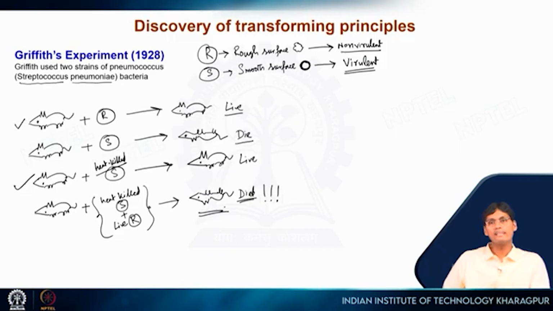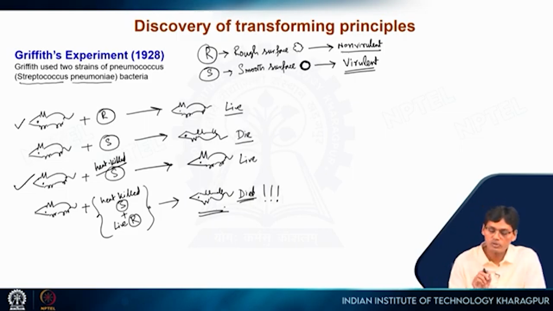So he hypothesized that something present in the heat killed S cells converts the R strain of bacteria into a virulent strain, so that the mouse can die.